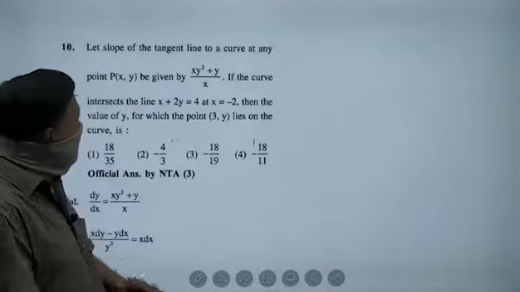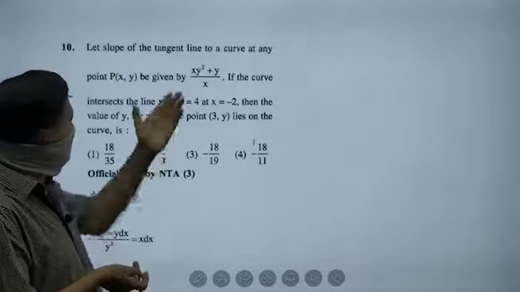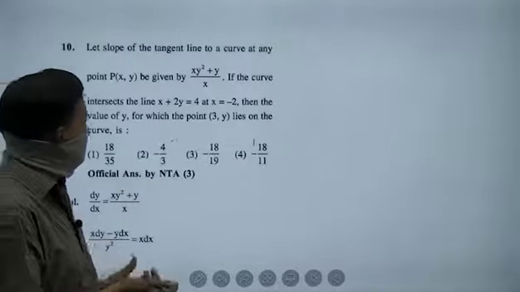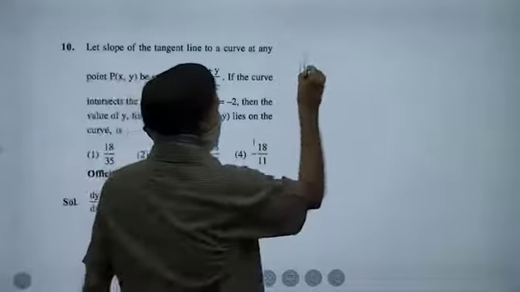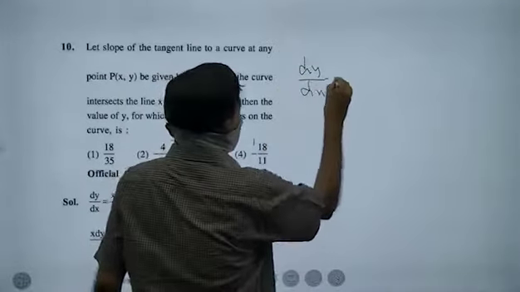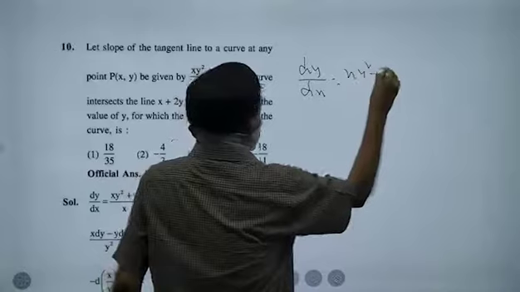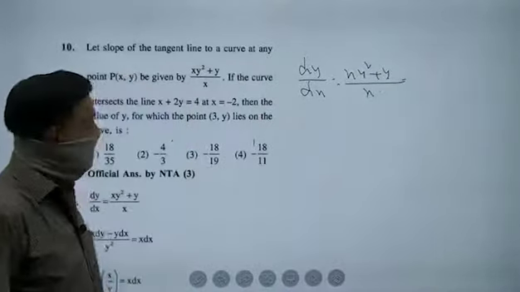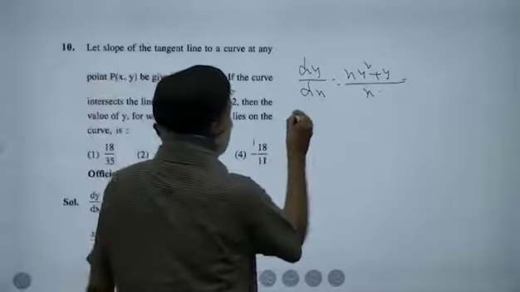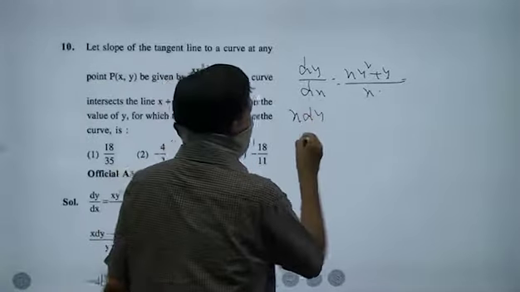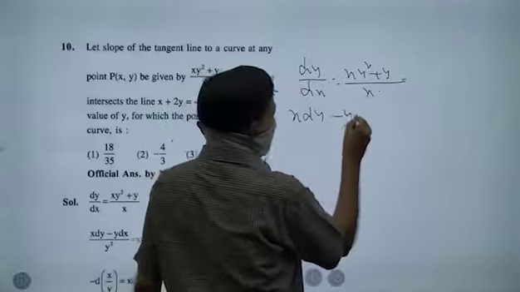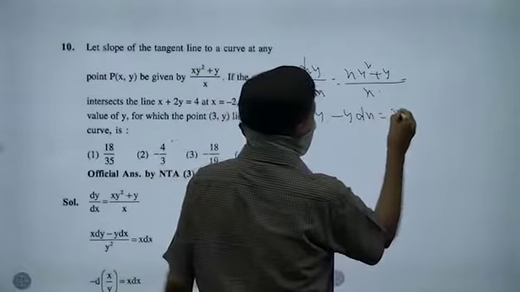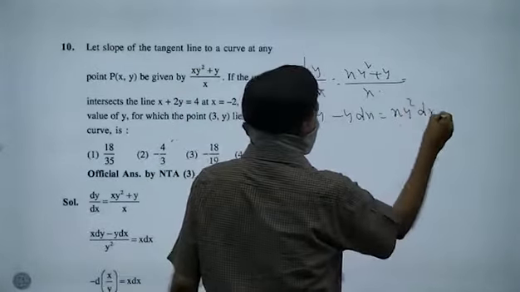The slope of tangent to a curve is given by this. This is dy by dx. dy by dx is equal to xy square plus y by x. Right? So x dy minus y dx is equal to xy square dx.